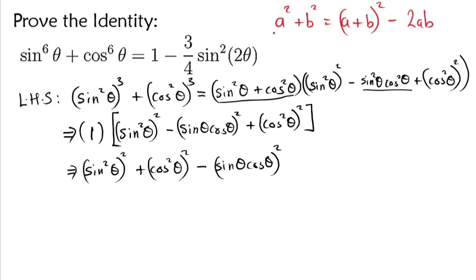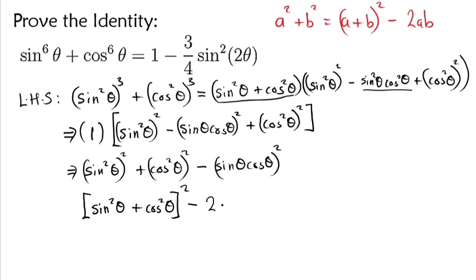Now, a squared is the same as sine square x squared. So a is sine x, while b is cos x. So a plus b, I'll do it like this. A is sine, b is cos. Then I have to square this, minus 2ab.